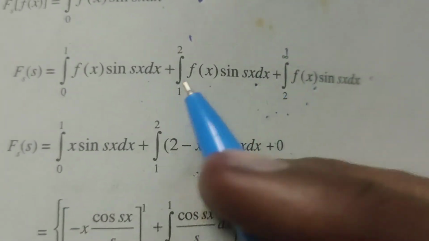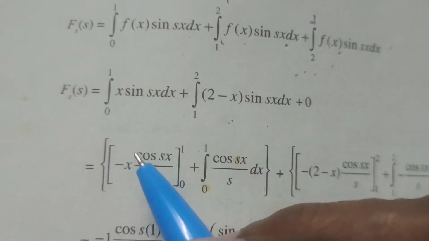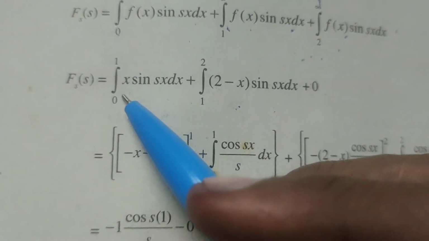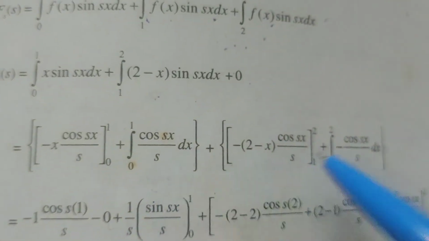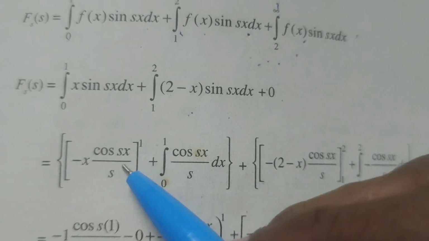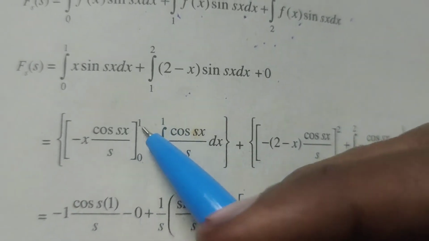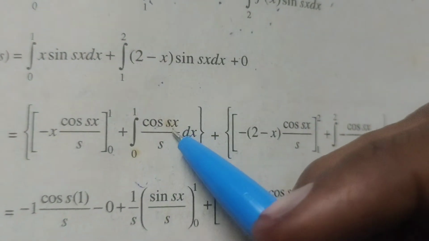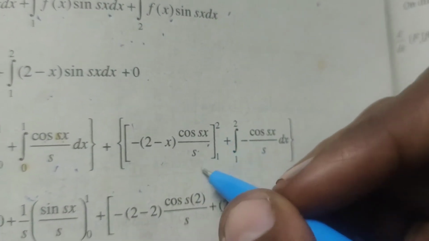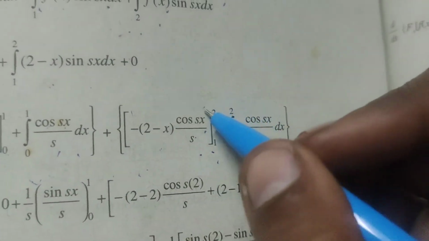Therefore, substituting these values and using the uv formula for integration, we get minus x cos sx by s from 0 to 1, again integrating cos sx by s dx, plus minus of (2 minus x) cos sx by s after completing the integral from 1 to 2, substituting the limits.